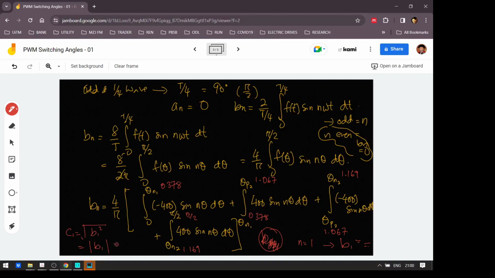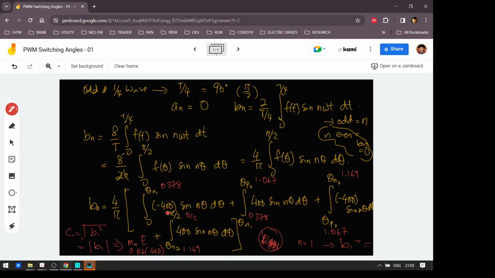So you do the integral, and that should equal MA multiplied by E, the input voltage. MA is 0.86, multiplied by 400 volt. Okay, try that, right?